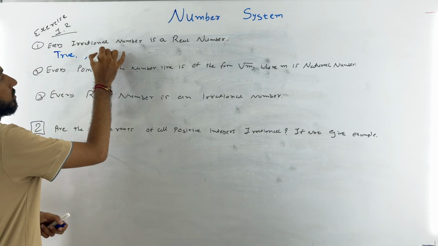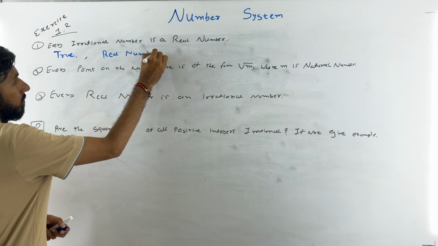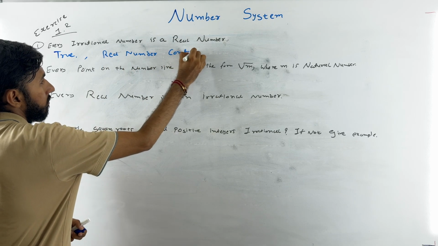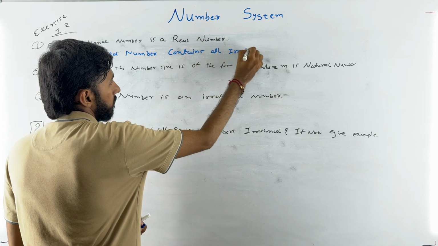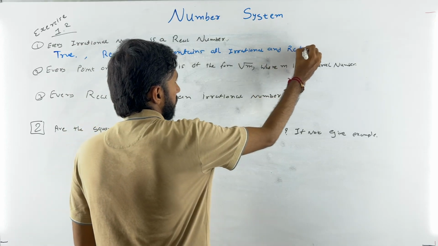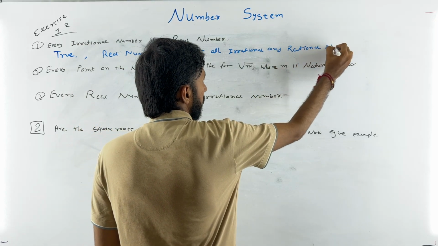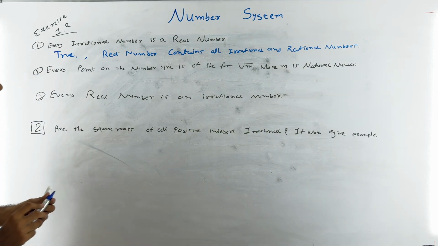You can write: real numbers contain all irrational and rational numbers. So the first is done.